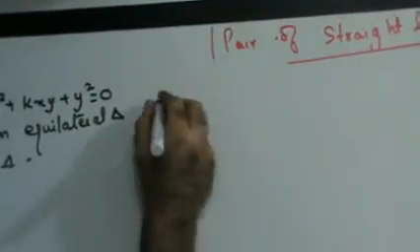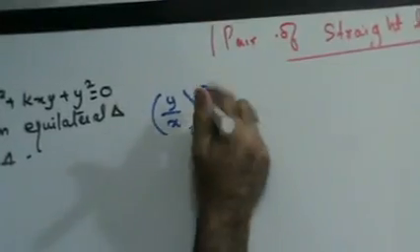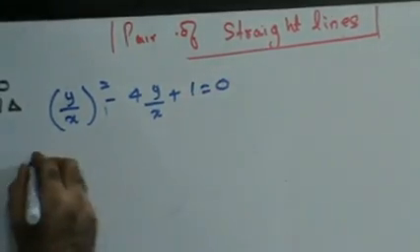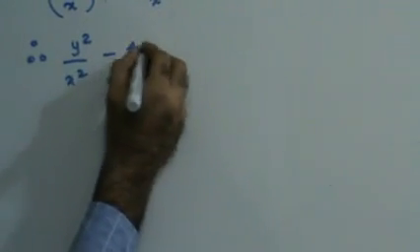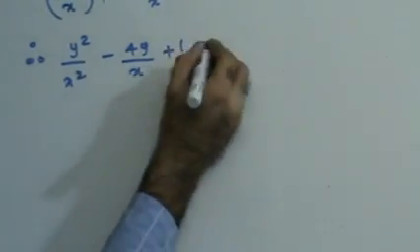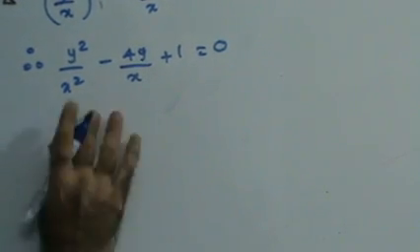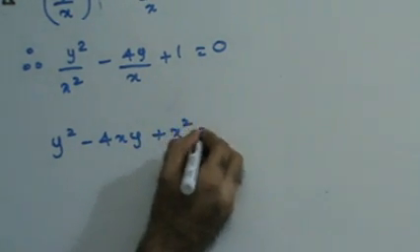If I substitute the value of m, I'll get (y upon x) the whole square minus 4y upon x plus 1 is equal to 0. Therefore, y square upon x square minus 4y upon x plus 1 is 0. LCM. y square minus 4xy plus x square is 0.